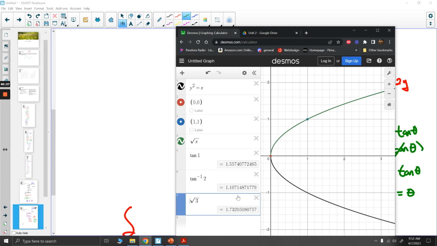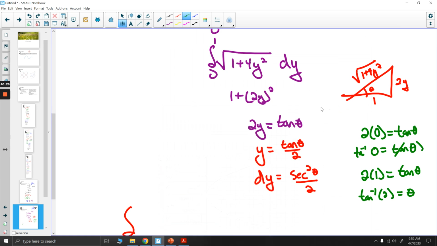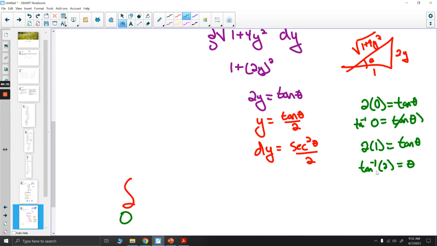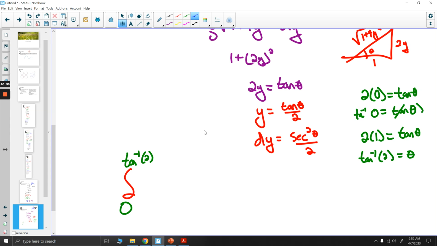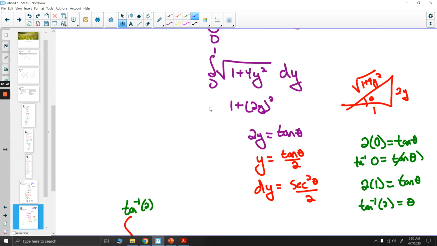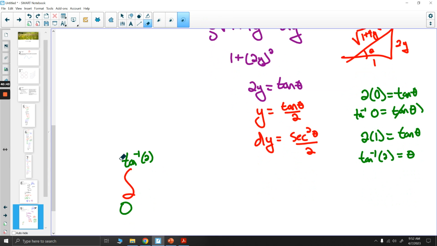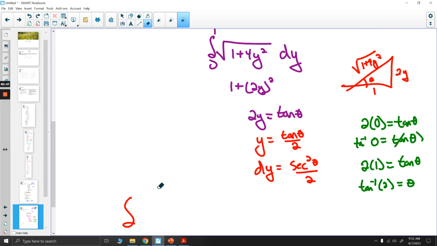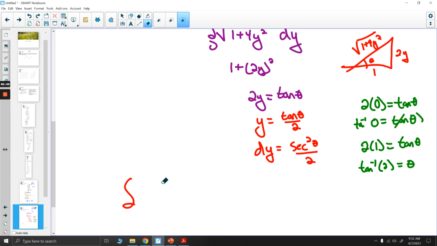So it's definitely a root of some sort, and I'm not going to mess around with it. Since I can't really find it, I could call it tangent inverse of 2 if I really wanted to, but it's probably not going to be worth it. So we'll at least have that if I need to, but for the time being, I'm just going to remove my bounds of integration while it's in terms of theta.